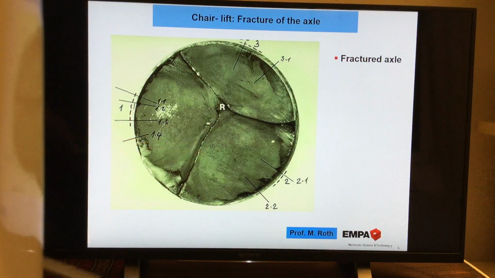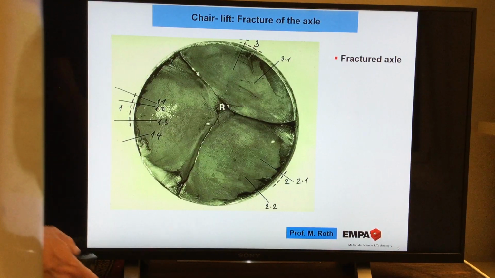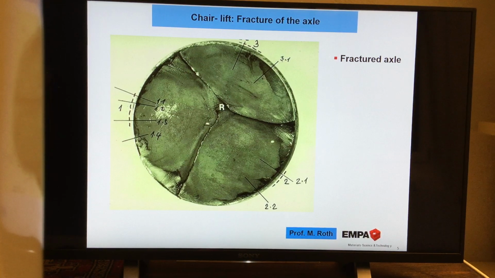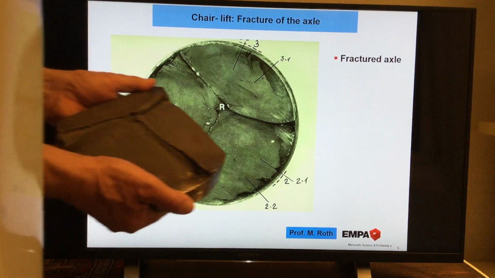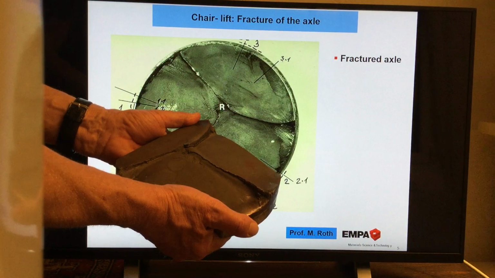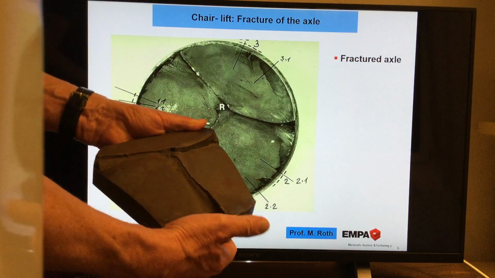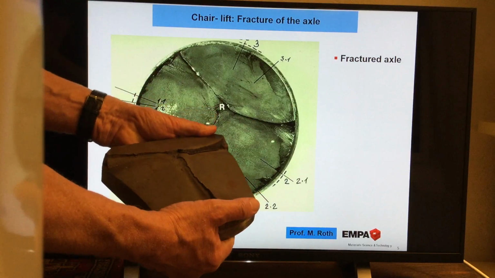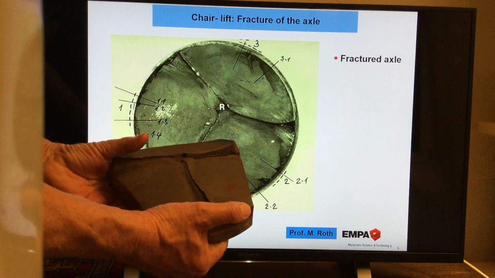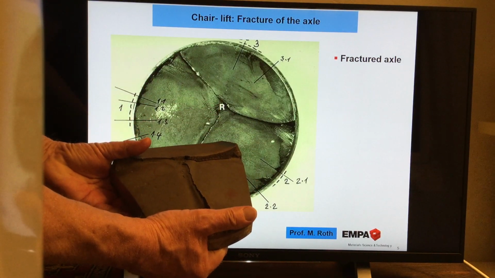Of course, this is now again reality, and it's not so easy to find any beach marks here. I have the original part here, it's quite heavy, and if I show it around, then under a certain angle you can recognize some lines.